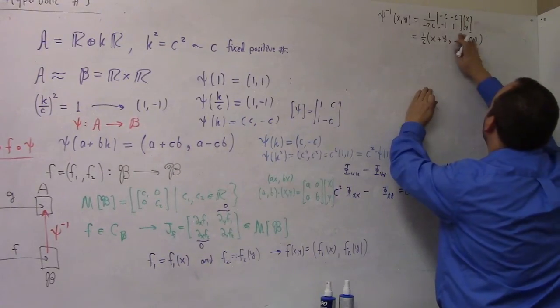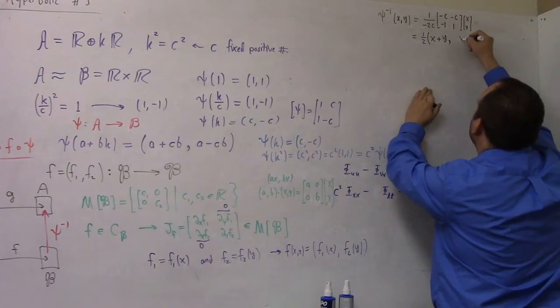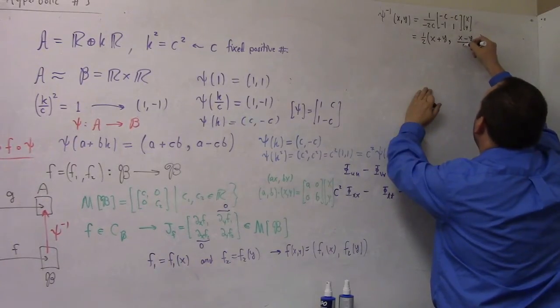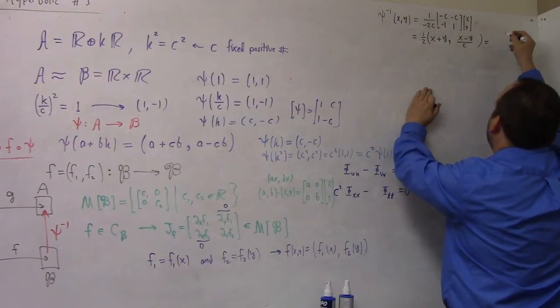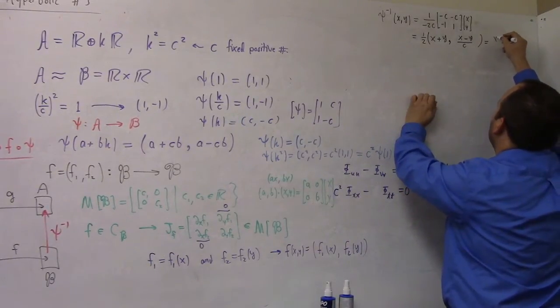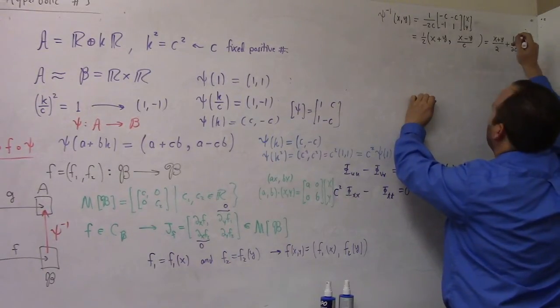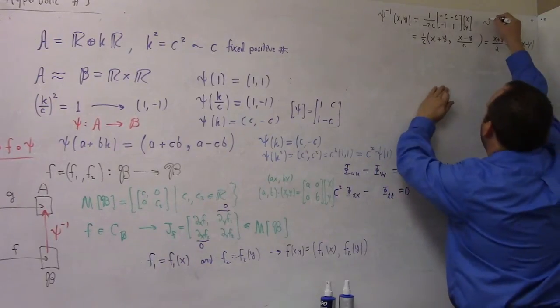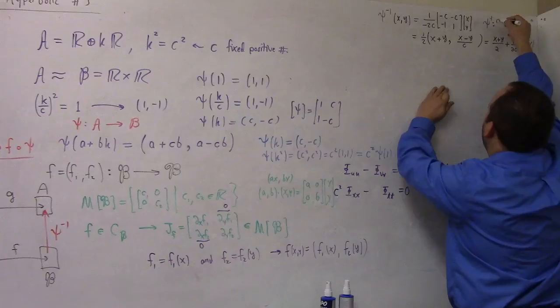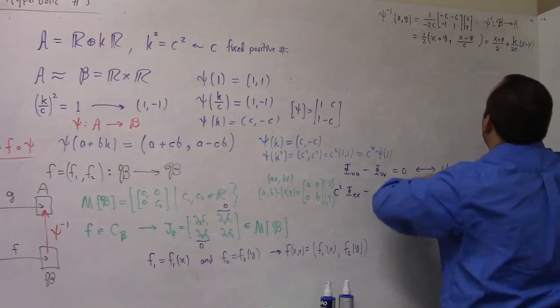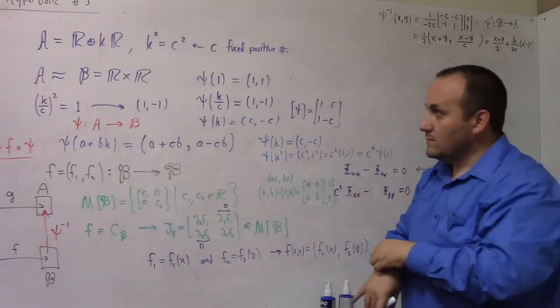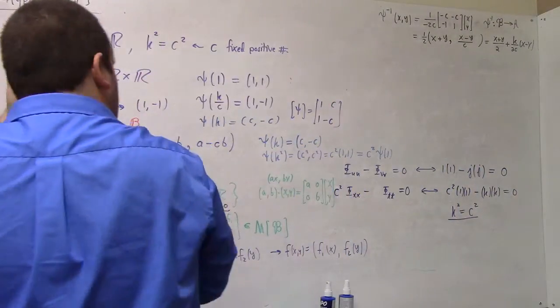Yes, so x minus y over c. So what this really is: x plus y over 2 plus k over 2c times x minus y. Because our psi inverse goes from the direct product algebra back to the algebra which has k and 1 as its basis.